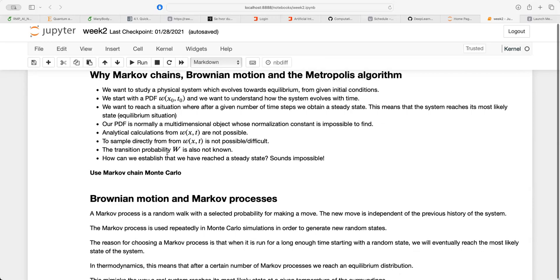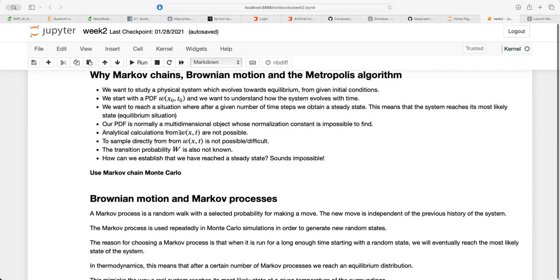And then there is a transition probability, because we are going to set up a Markov chain. So a Markov chain has a simple mathematical expression. And the way we are going to simulate these things is by assuming that we don't know this W, which is a transition probability, but that we have a model for the probability of the system.